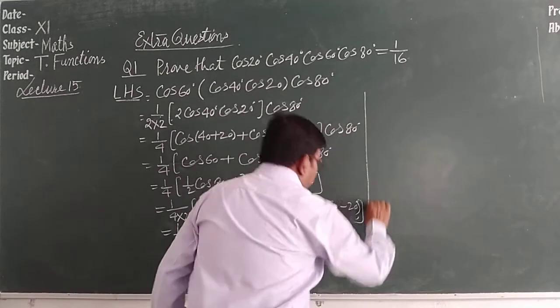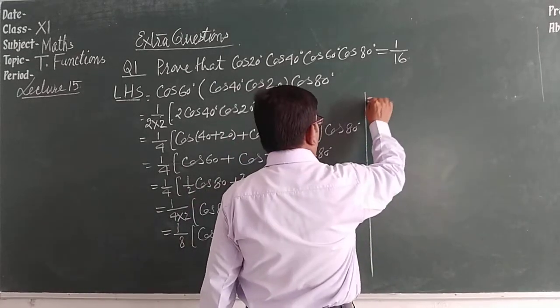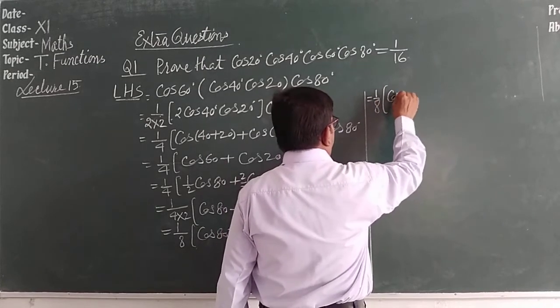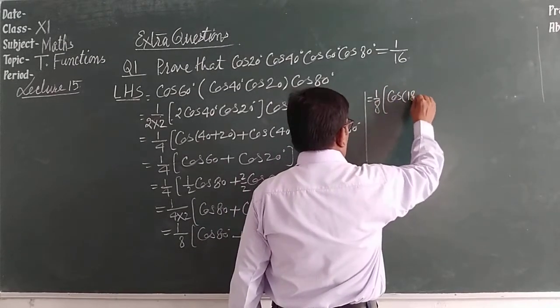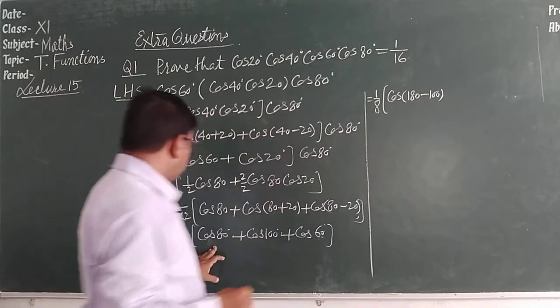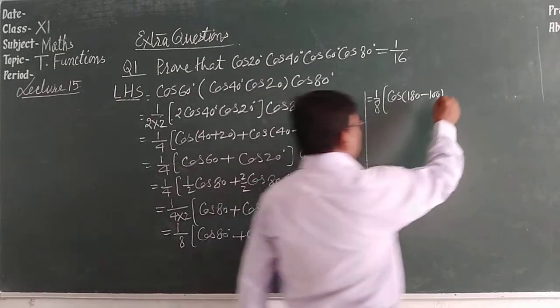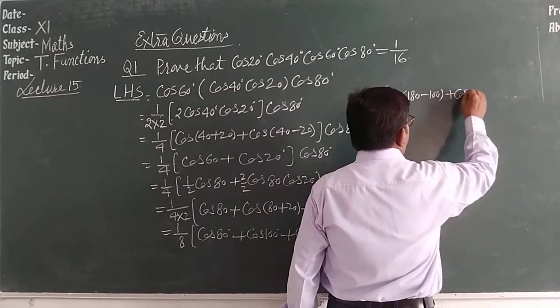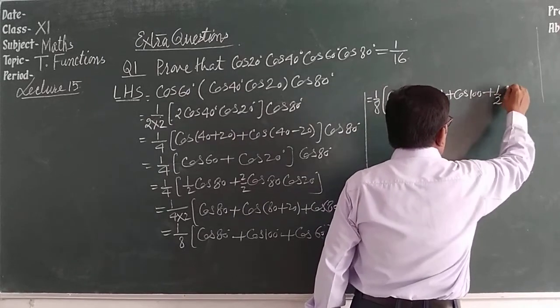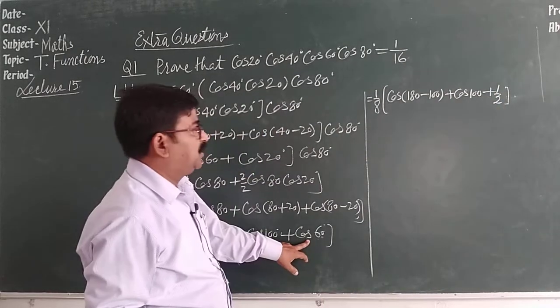See, I am writing here 1/8. This can be written cos 180 minus 100. 80 is equal to cos 180 minus 100 plus cos 100 plus 1/2 for cos 60 degree.